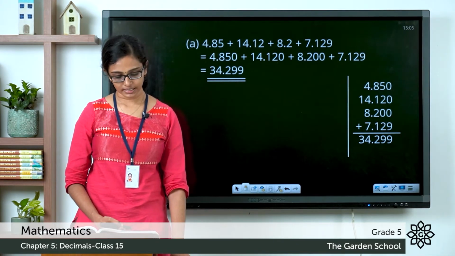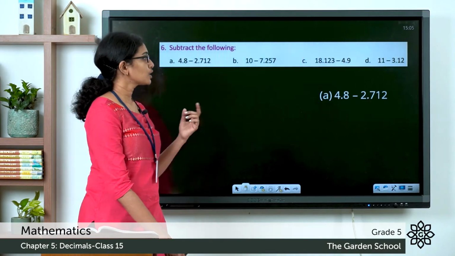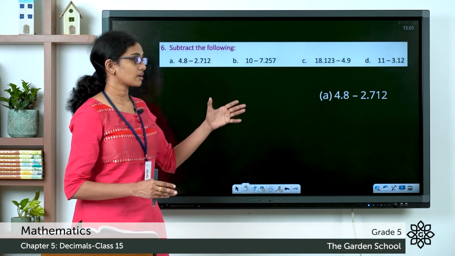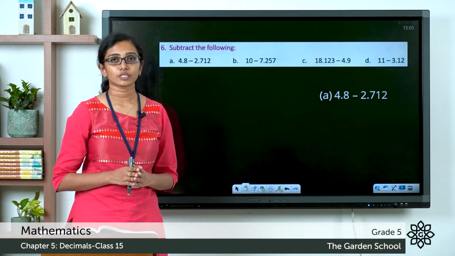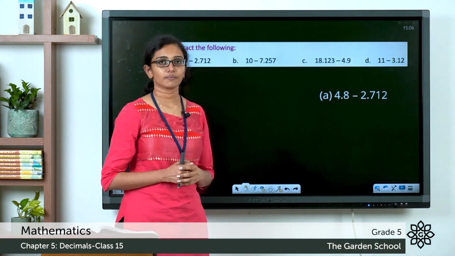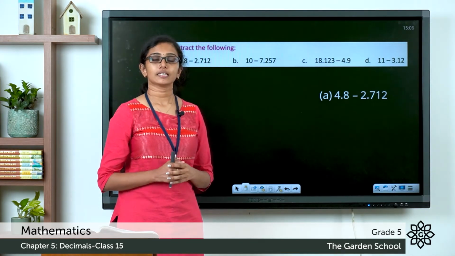Question number 6. Question A, 4.8 minus 2.712. Here also, just like addition, the numbers have to be like decimals. Here, in the minuend, there is only 1 digit after the decimal point, whereas in the subtrahend, you have 3 digits after the decimal point.